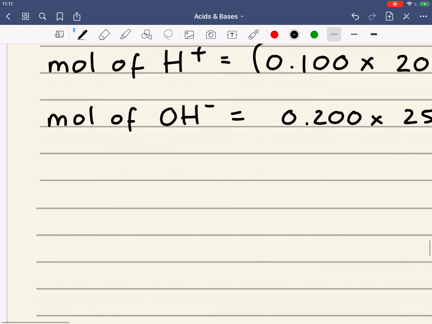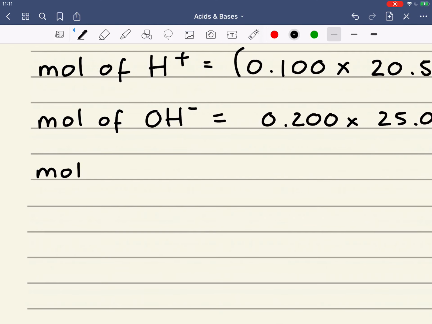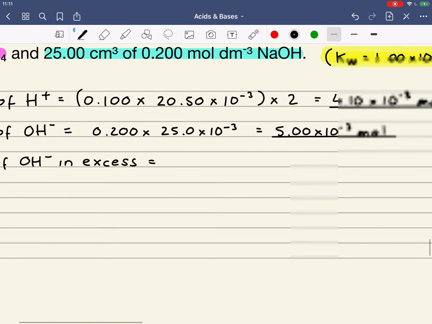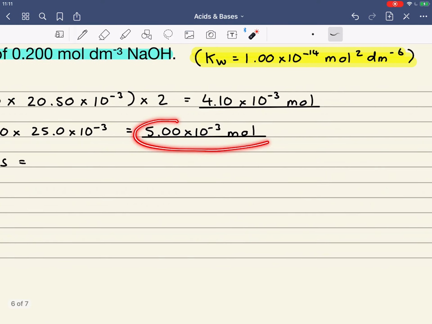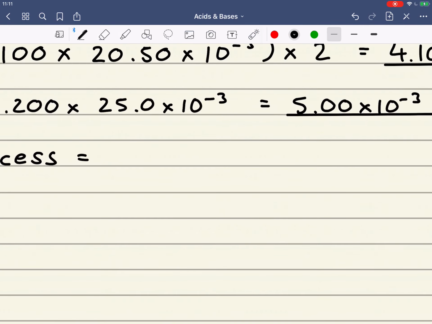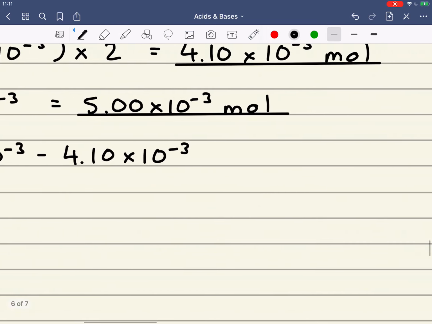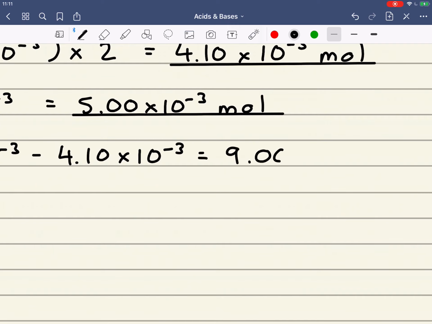So I've got to work out the moles of OH minus in excess, which is obviously this number here minus this number here. So that's going to be equal to 5.00 times 10 to the minus 3 minus 4.10 times 10 to the minus 3, and that gives me 9 times 10 to the minus 4 moles.